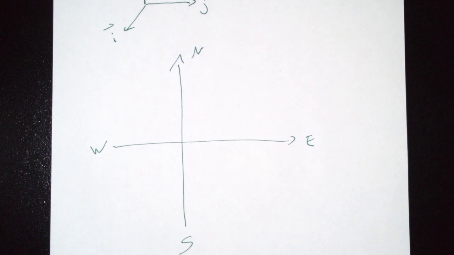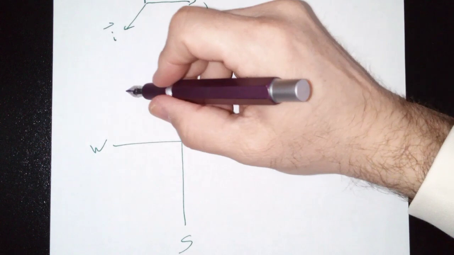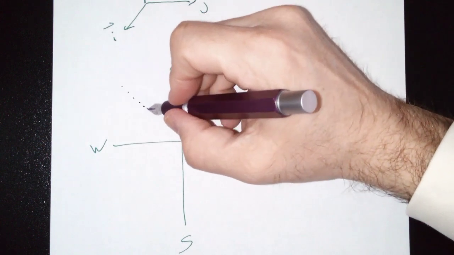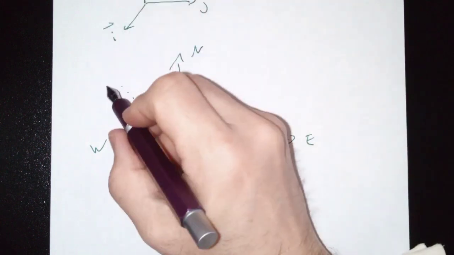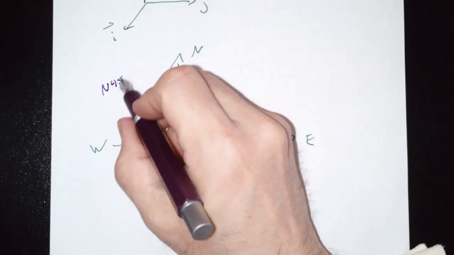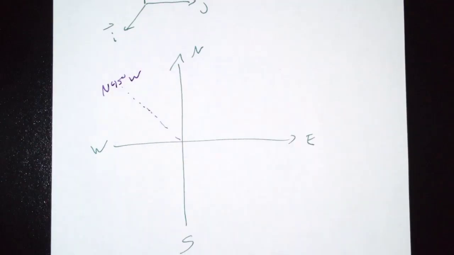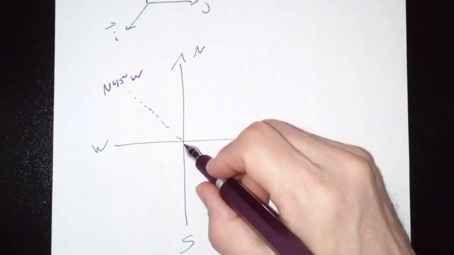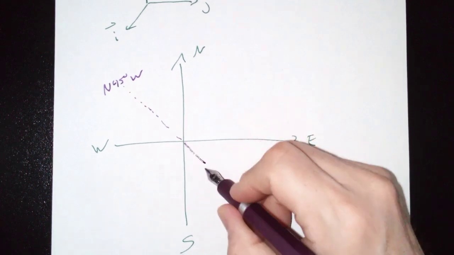So the wind is on this line, north 45 degrees west. And it says the wind is coming from that direction. Yes? So a vector for the wind would technically point that way.